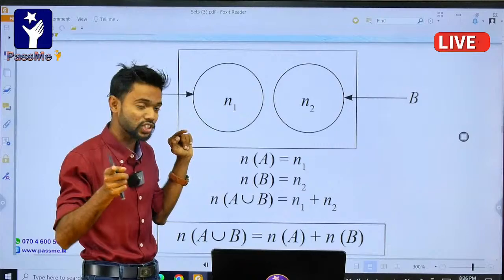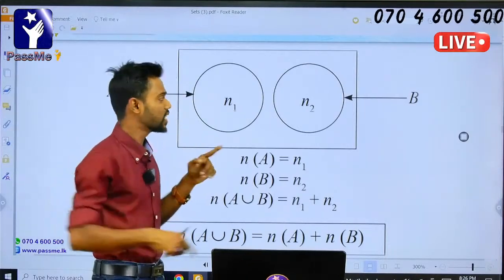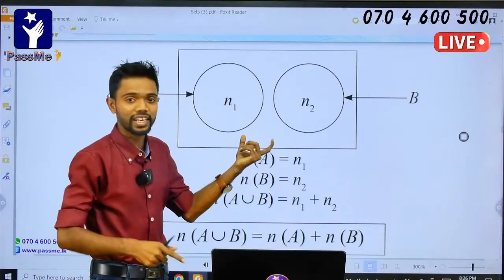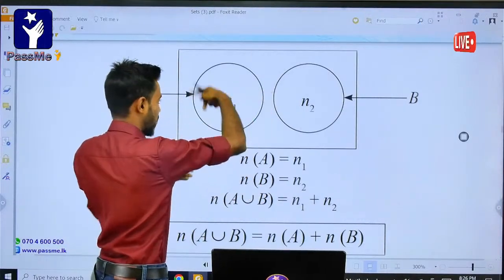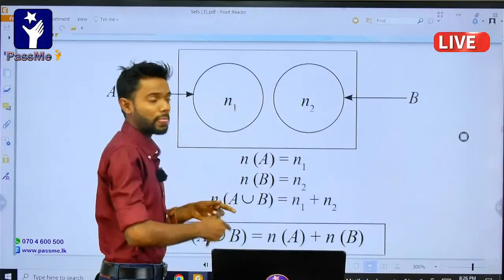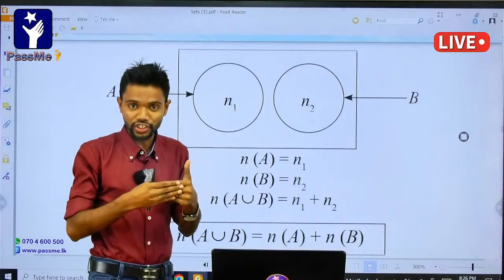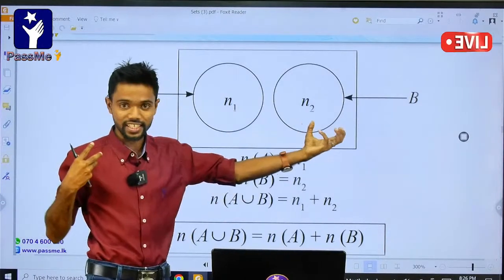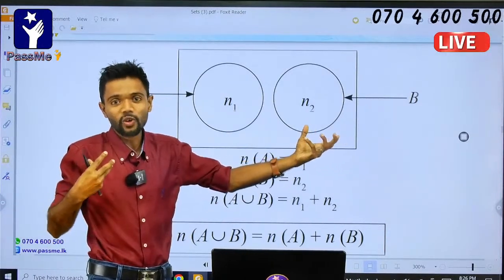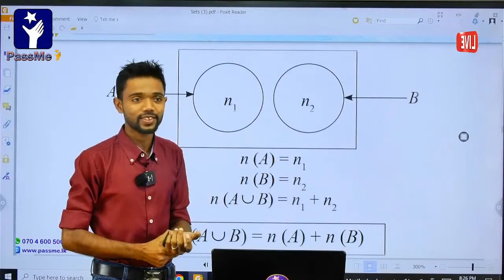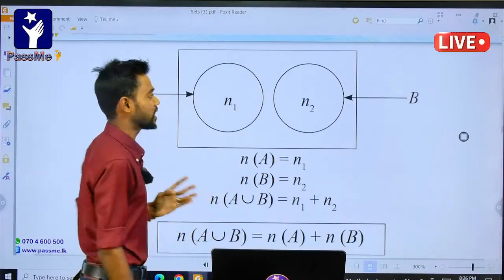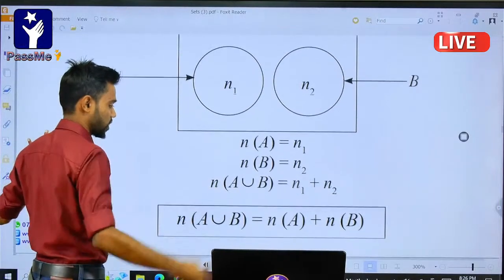Under the probability lesson, this will be the probability of A and probability of B, and there is no common region for both A and B. We will call that situation a mutually exclusive event. Not today; we will discuss it next week.